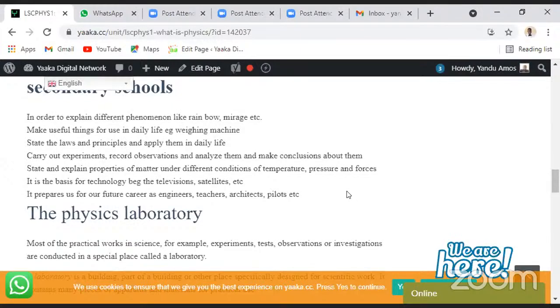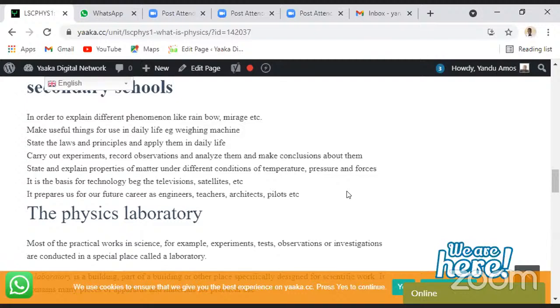For us in science, we observe in so many ways. As we move, we shall understand this better. So in the coming units or chapters, for us to have proper conclusion and analysis, we need to carry out experiments, record observations, and analyze them.